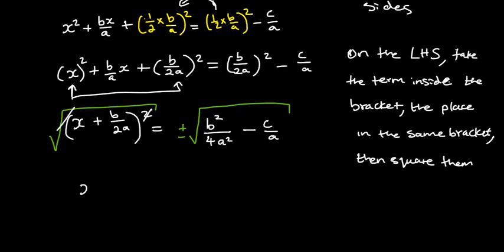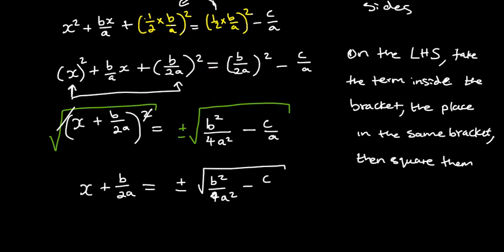So you're going to be left with x plus b over 2a equals plus minus root of b squared all over 4a squared minus c over a.